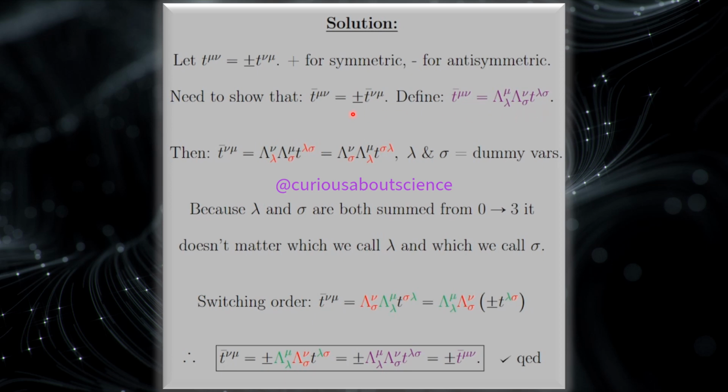Let's then show that these in red are what we're summing over. The goal here is to show that because we're summing over lambda and sigma, those are considered dummy variables. So we can switch the dummy variables without any worry, because so long as we switch both of them, lambda first, sigma second, or sigma first, lambda second, they're still dummy.